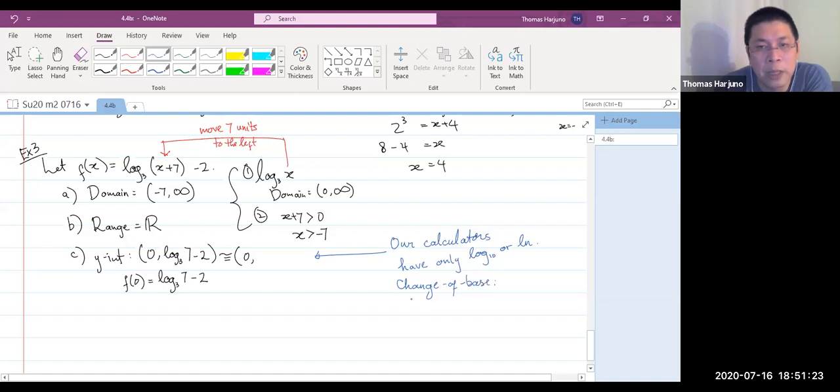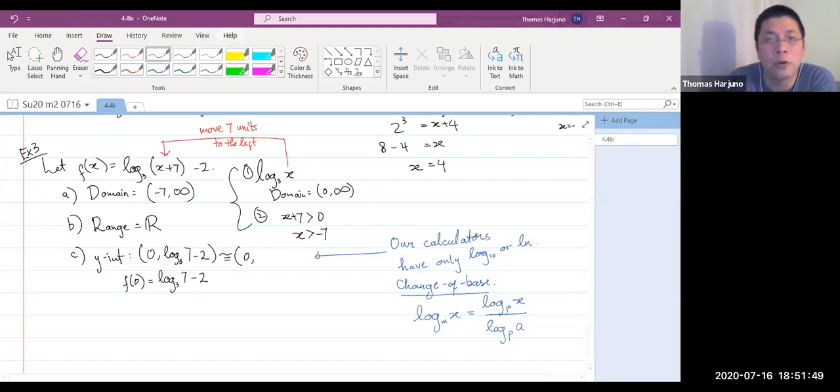One of the big reasons you need to learn change of base is so that you can at least compute using your calculator. Now the rule is: log base a of x is equal to log base p of x over log base p of a, for any p positive and not 1.